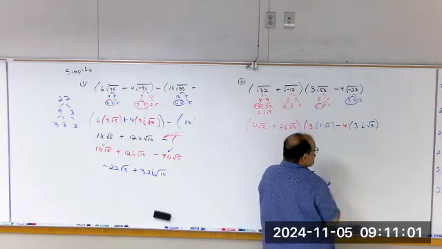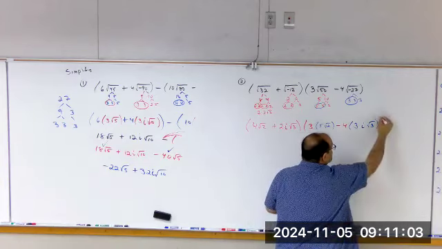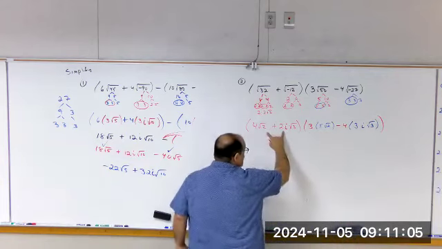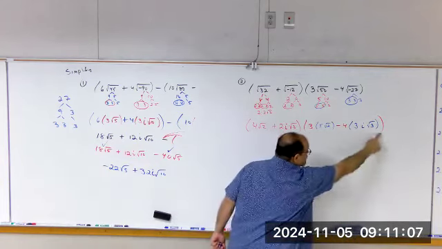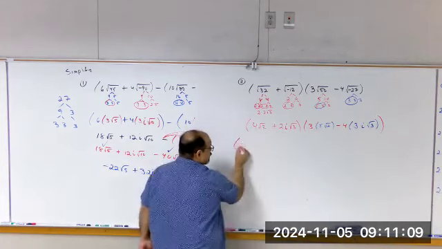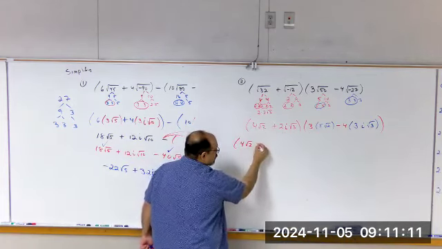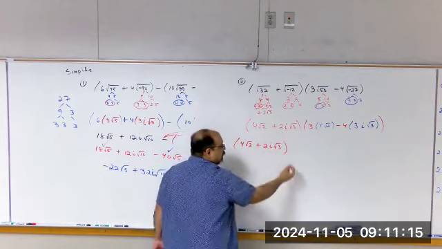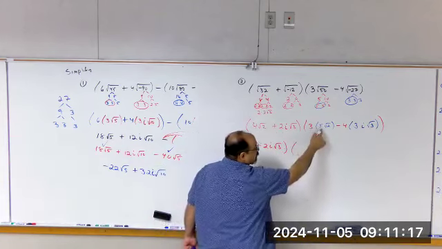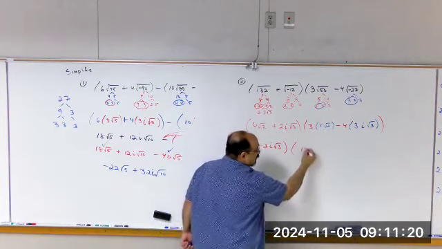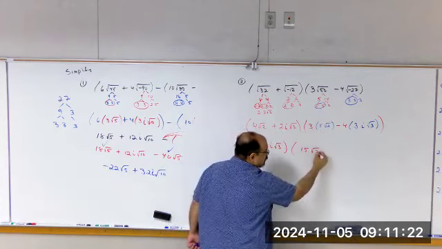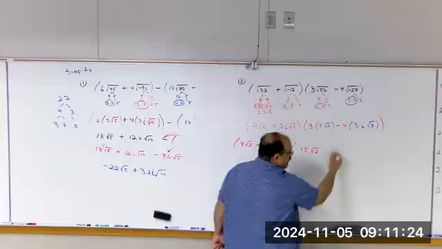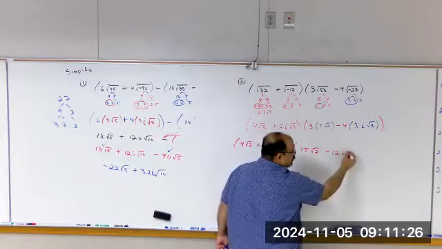We're not ready to multiply yet. This one's good to go, but this one's not done simplifying. So it's this 4 square root 2 plus 2i square root 3. And then this one is 3 times 5 times 4. That's 15 square root 2 minus 12i square root 2.